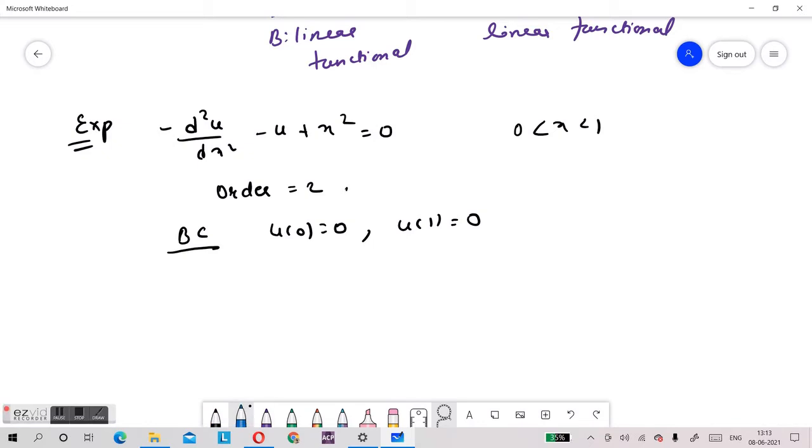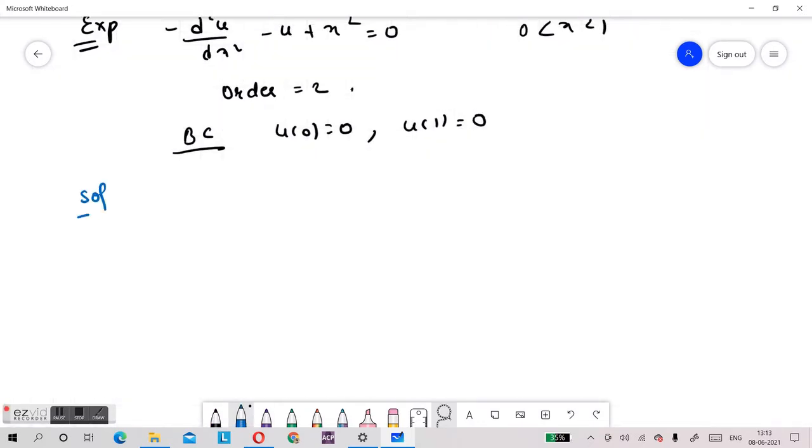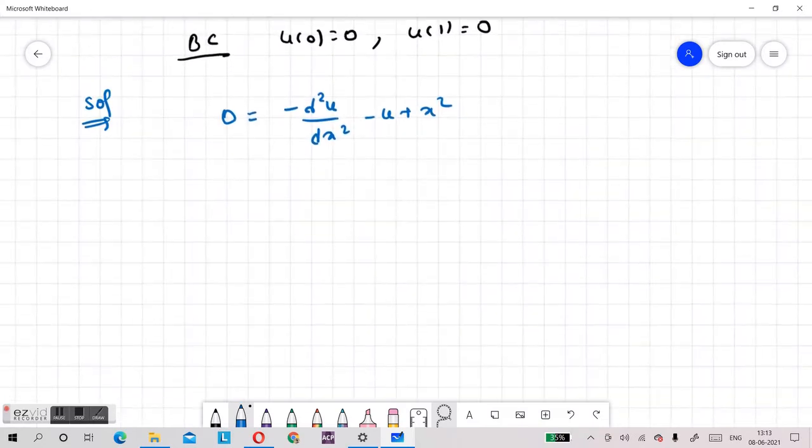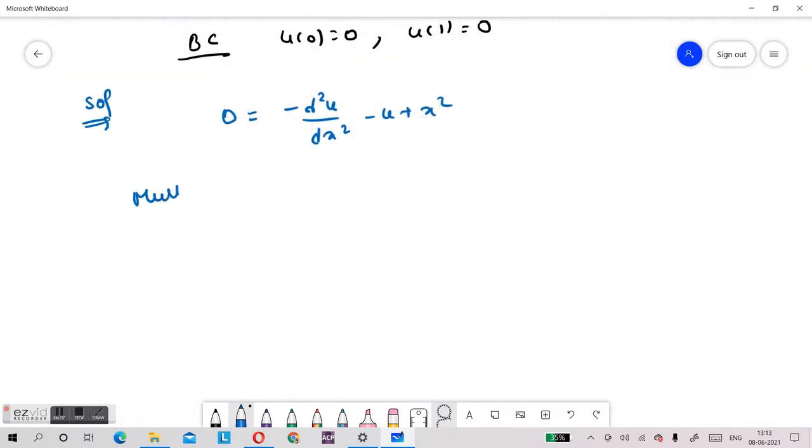So first of all, this is our equation equals to 0. Multiply it with the weight function w. We will define this w later. This is the weight function we will define.